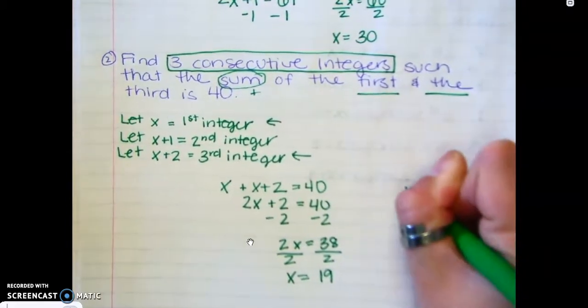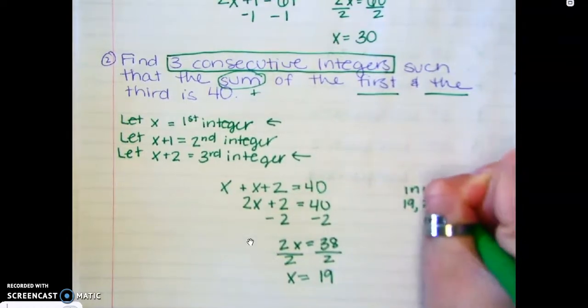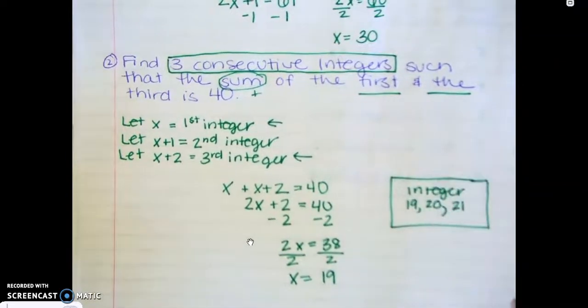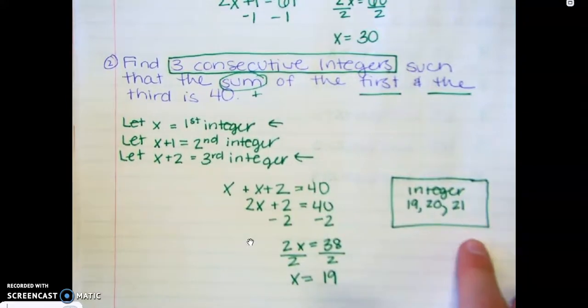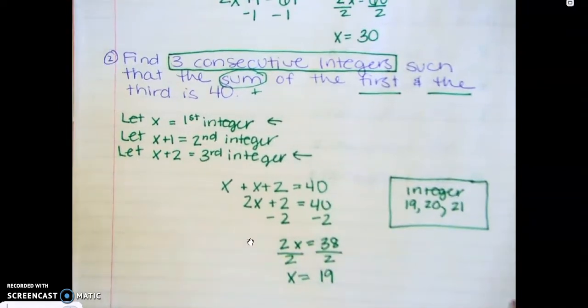My second integer is going to be 20, because if I add 1 to 19, I get 20. And my third integer is going to be 21. And that's my answer. I could even prove it, because I know that 19 plus 21, when I add them together, their sum is 40. So those are 2 examples. In the practice, you should see examples of both of those. And if you have any questions, please reach out to your teacher.